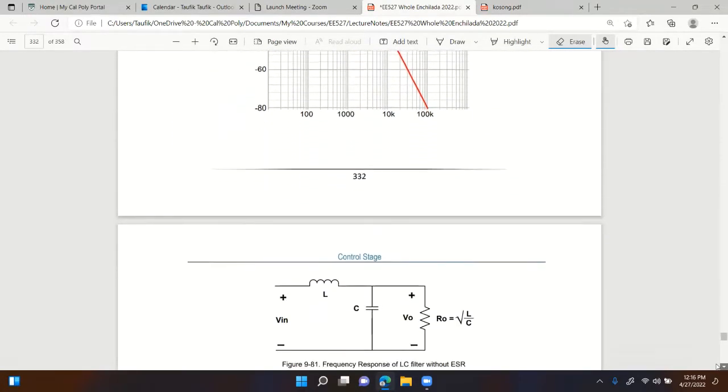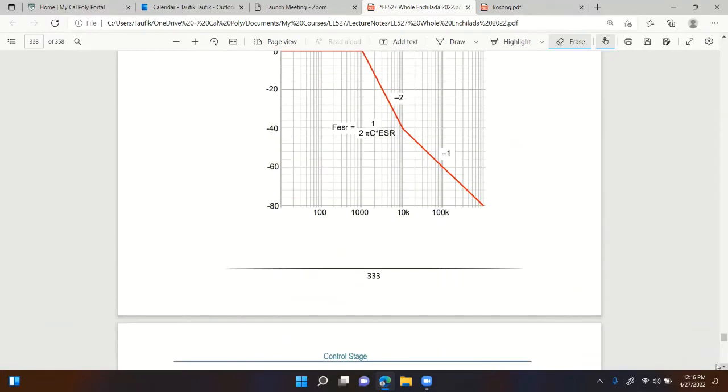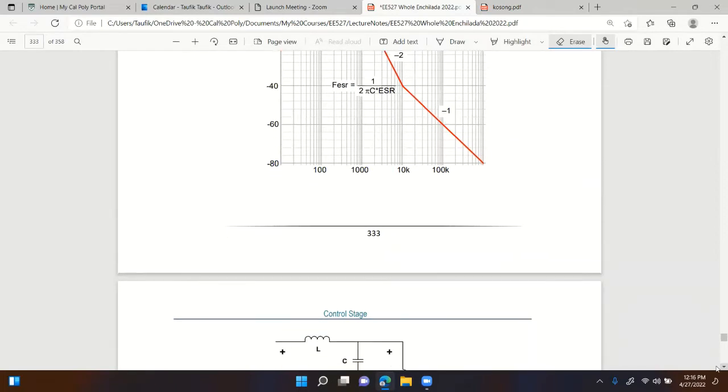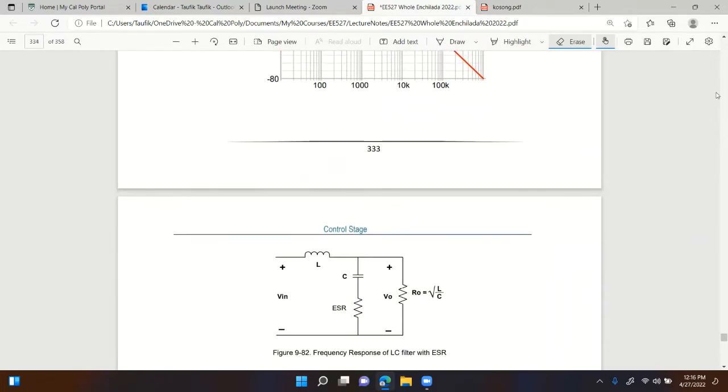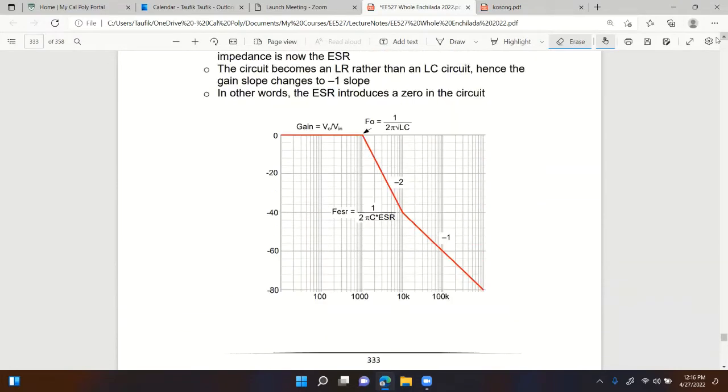All right, so we did this, and then we've done discussing where to place the crossover frequency, if there is ESR, if there is no ESR, to meet that -1 criteria. If there is ESR right there, then you place the crossover frequency right after the ESR frequency, such as here. That way, you can see at crossover frequency, the slope is -1.